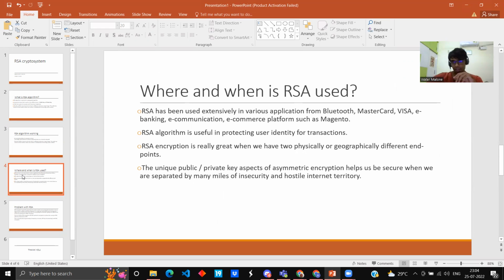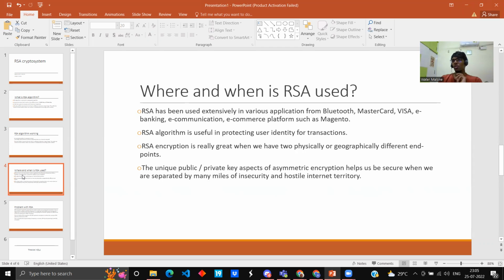So I can clearly tell you that RSA is used in multiple places, like in applications such as, as mentioned here, Bluetooth, MasterCard, many transactions that banks use, etc. It's just very famous right now. And one more thing, it's useful in protecting the user's identity when you do transactions. Helps you stay anonymous.